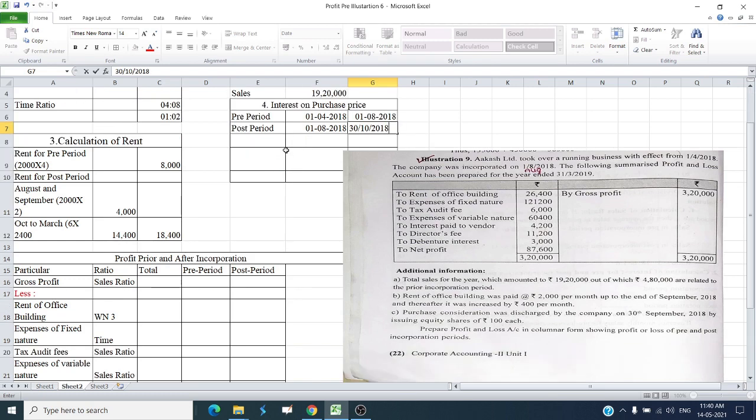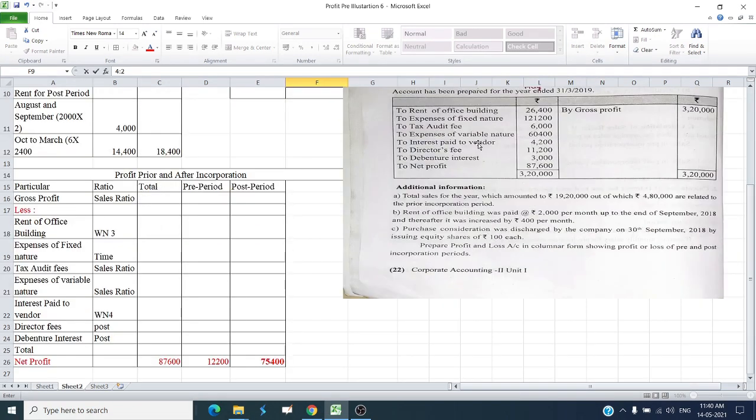So for the pre period the months are here 4, and for the post period months are here 2, means the ratio will come here 4:2. 4:2 is the interest on purchase price ratio.